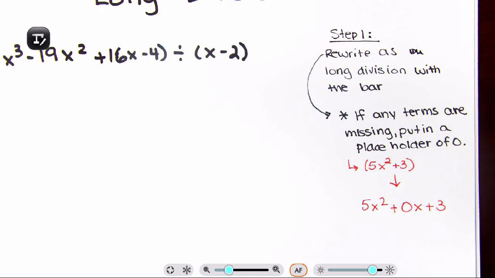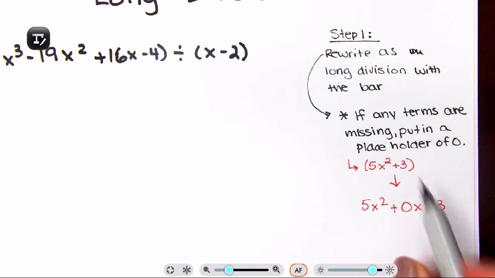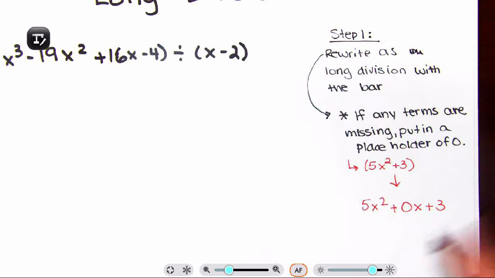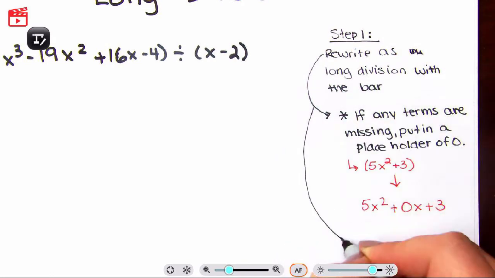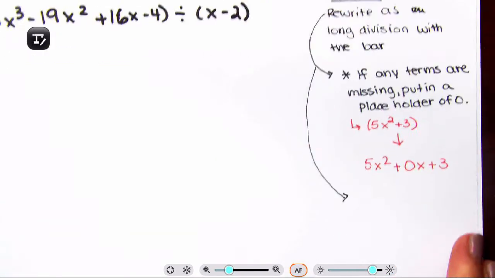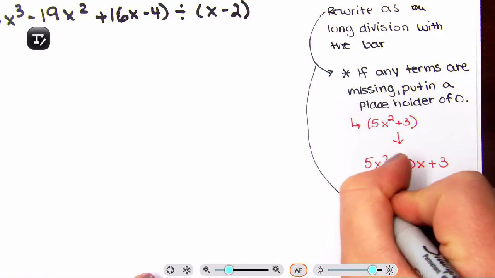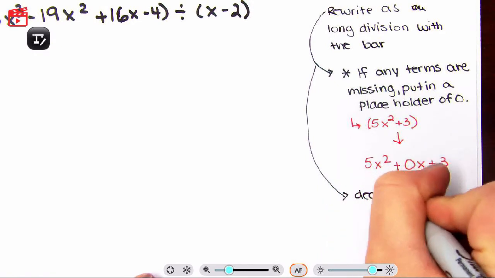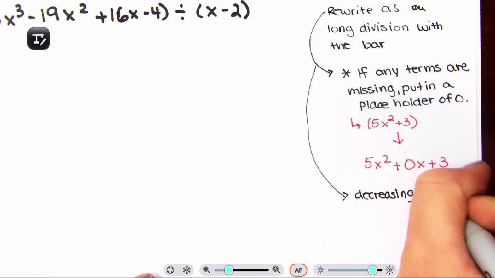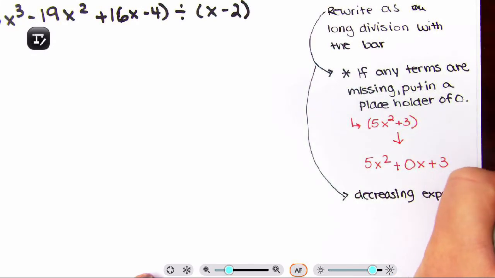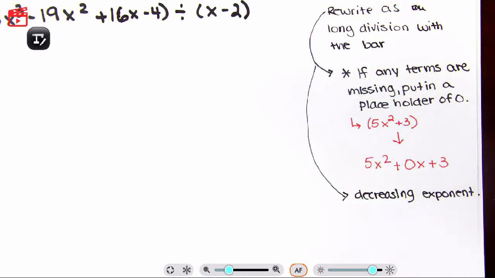So the 0 is the placeholder for x because I don't have an x term. And we're going to rewrite this in decreasing exponential power.